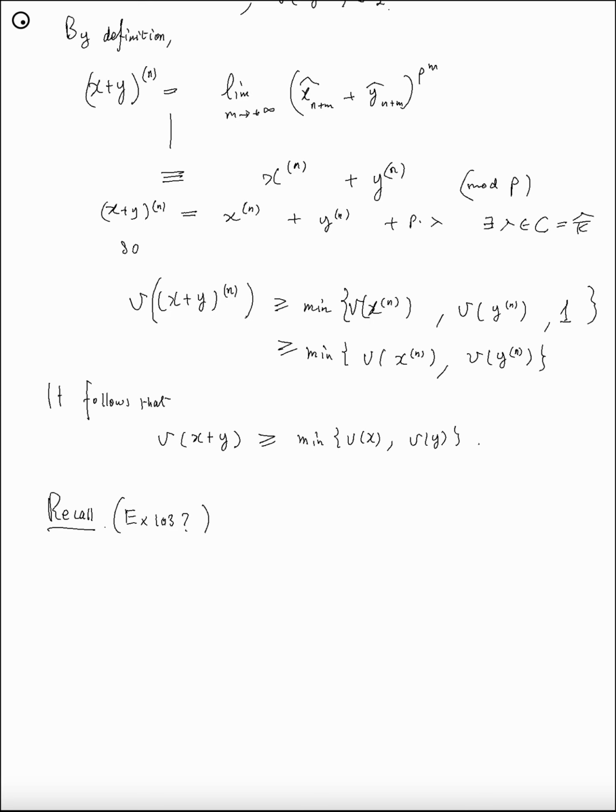We have proved that the elements whose valuation is bigger or equal to p to the power n are exactly the kernel of theta_n, the map from R to O_C quotient by p^n O_C.